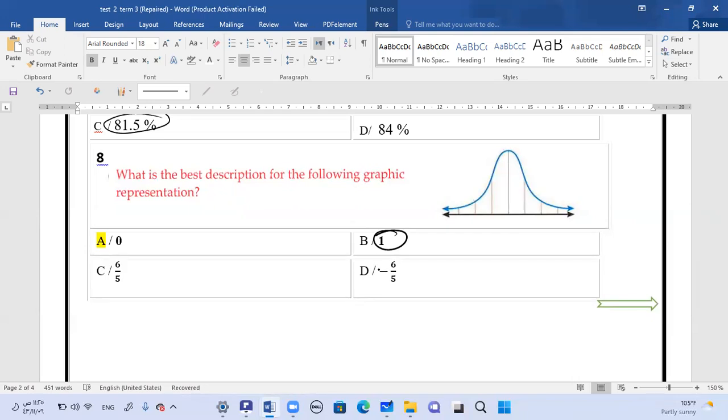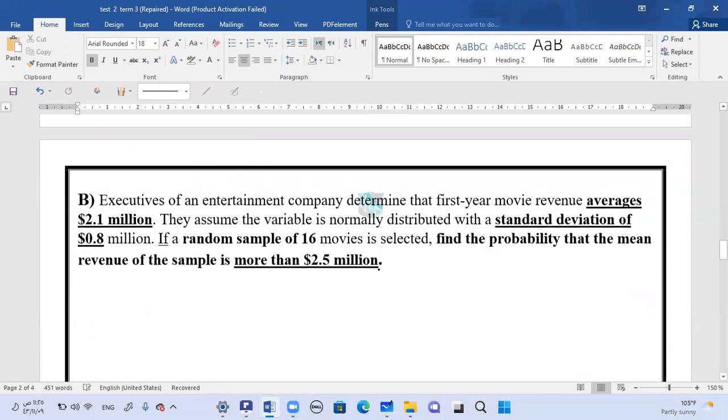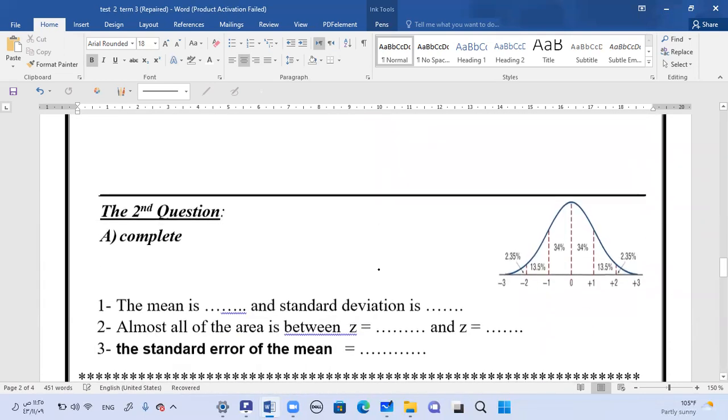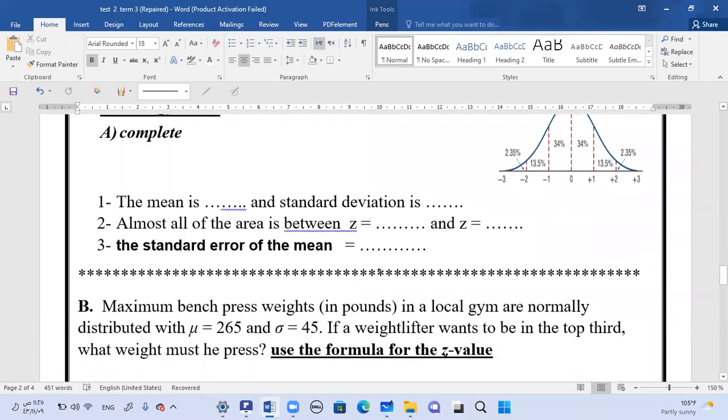So the graph represents 1. This part I will complete in the exam as a complete idea, 2.5 marks for this idea only.